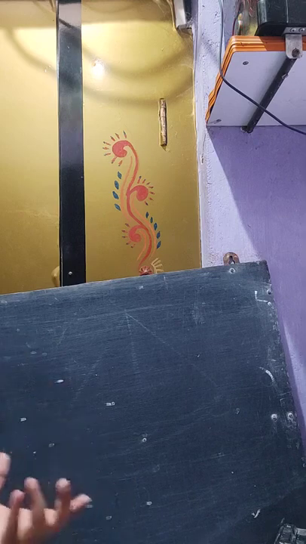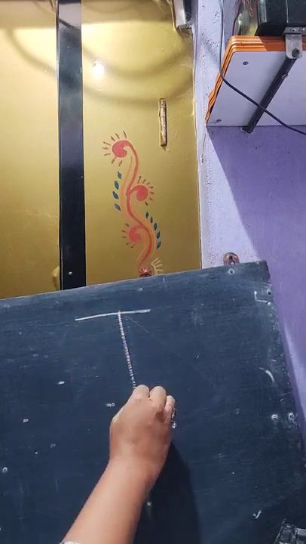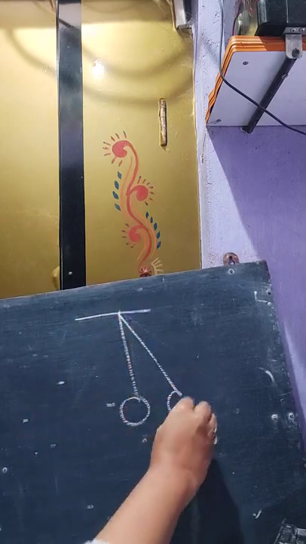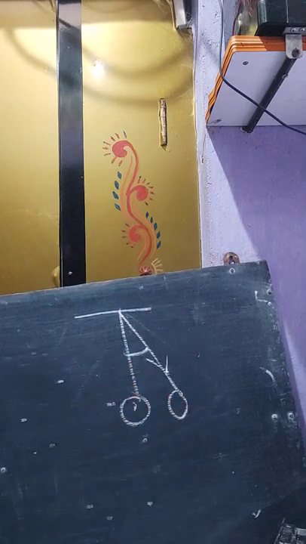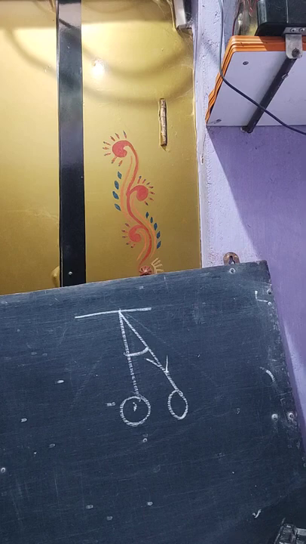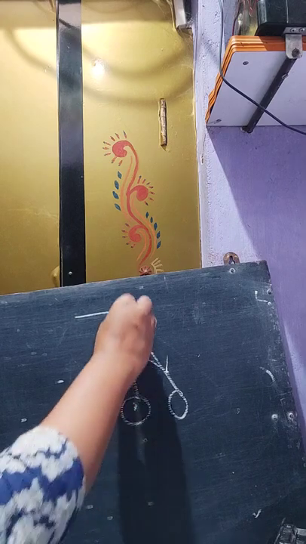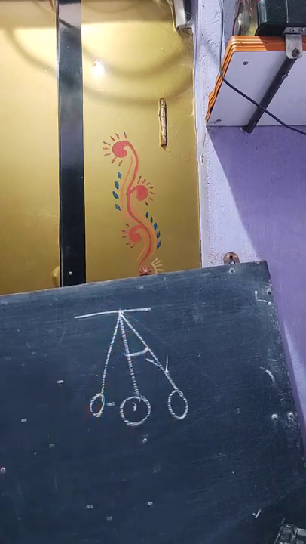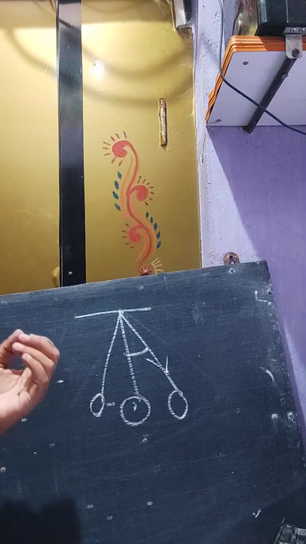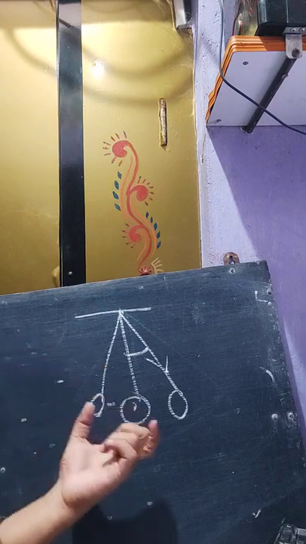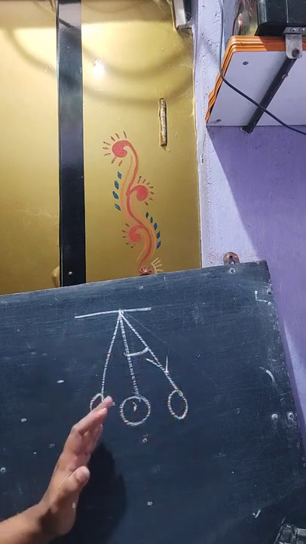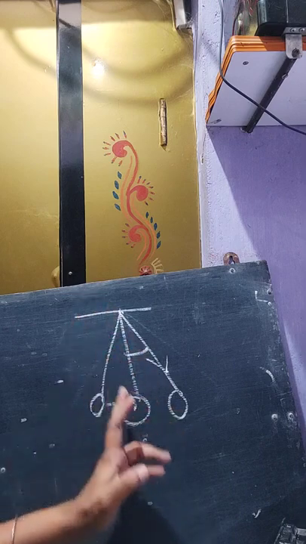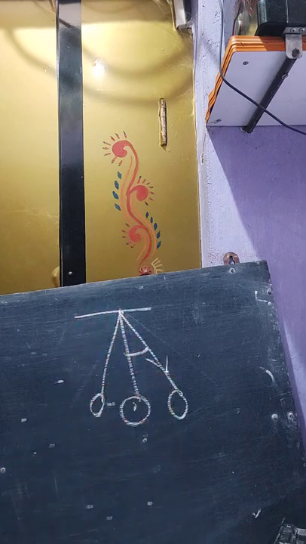Now, for the harmonic oscillation, suppose this is the pendulum. When a body is slightly displaced from its mean position and left, it begins to oscillate to and fro about its mean position, as in the previous case. But why does this motion happen, or why does this body start to move with respect to its mean position?